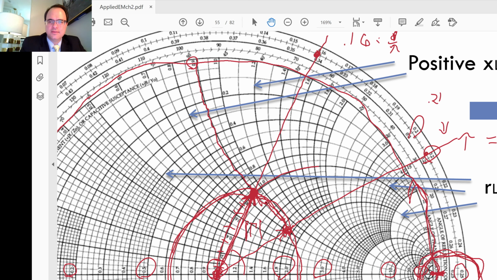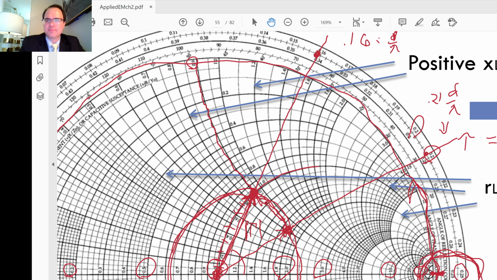All right. And so if we wanted to figure out how far down the line we needed to go, we would subtract these two. From the load, we have to go a net distance along the line of 0.05 d over lambda. So we have to shift by 0.05 d over lambda. All right.